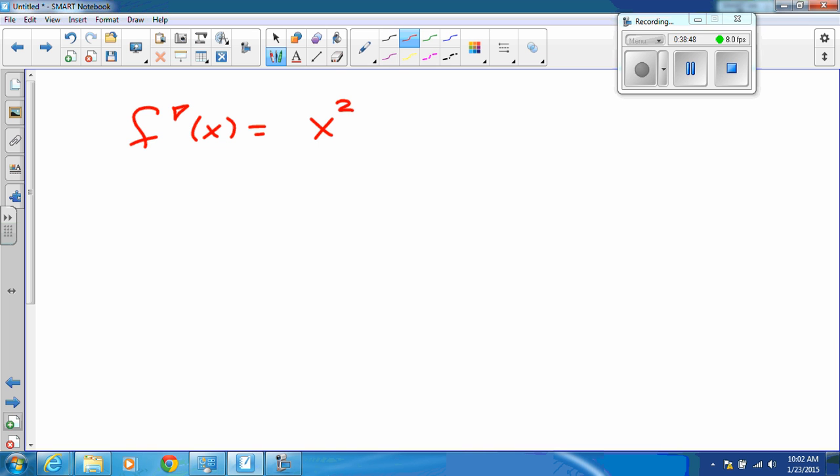I want you to take 30 seconds to try to answer that question. Do it with a little guess and check, and see if you can come up with a function whose derivative is x squared.